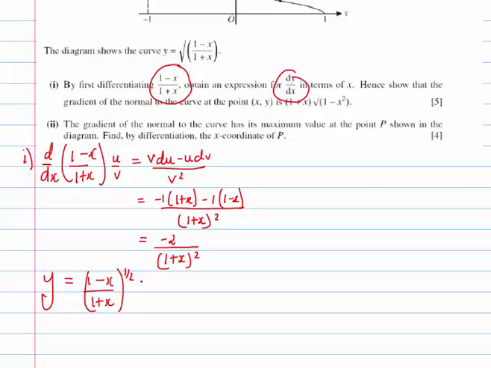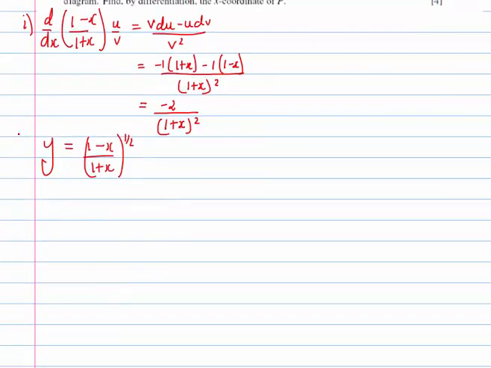Now, to find dy/dx here, you will know from your AS that you bring down the power, so this becomes a half, 1 minus x over 1 plus x, and minus 1 from the power becomes minus a half, times the derivative of the inside. The derivative of the inside is exactly what we found in part 1, so this becomes minus 2 over 1 plus x all squared.